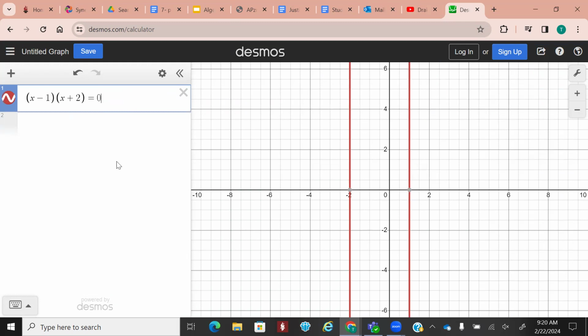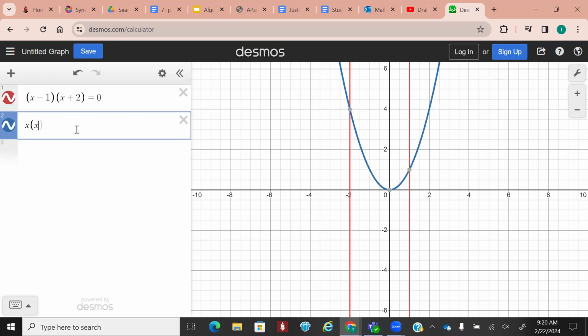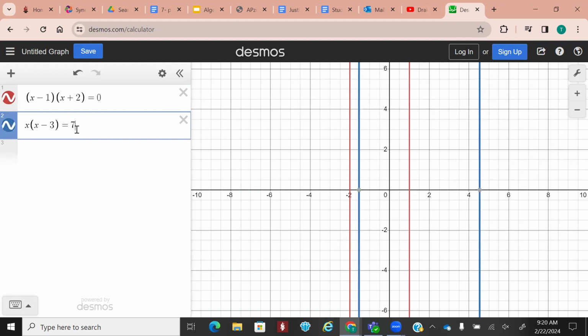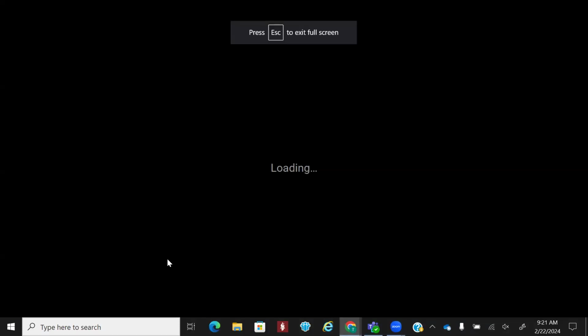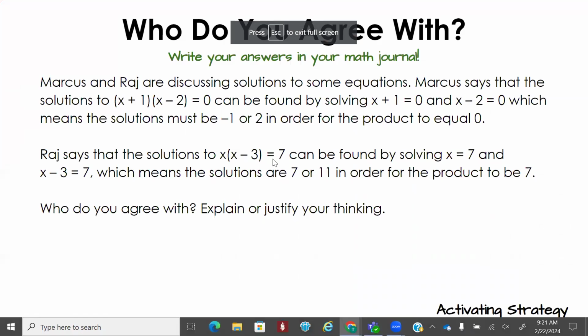On the next one, he said x times x minus 3 equals 7. Where does that cross? That crosses at negative 1.54 and 4.54. Is that what he said? No, Raj is wrong. So many times, if you don't know, plug it in Desmos. Okay, so Marcus was right.